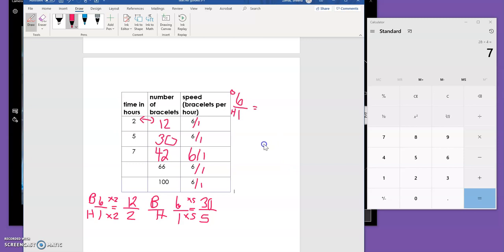And I'm making that equivalent to if I had 66 bracelets. So now I'm looking to identify what I'm doing to my top number, not my bottom. 6 times 11 will give me 66. So 1 times 11 will give me 11.